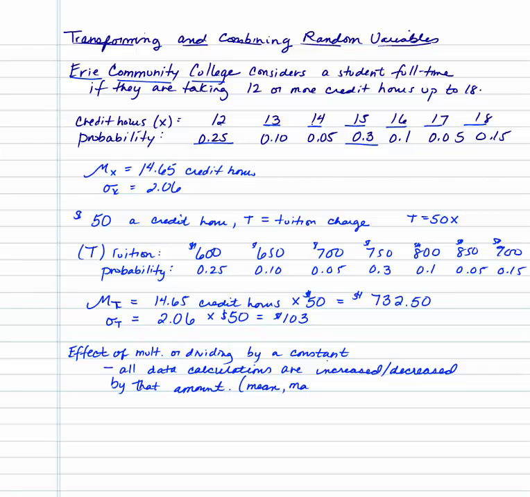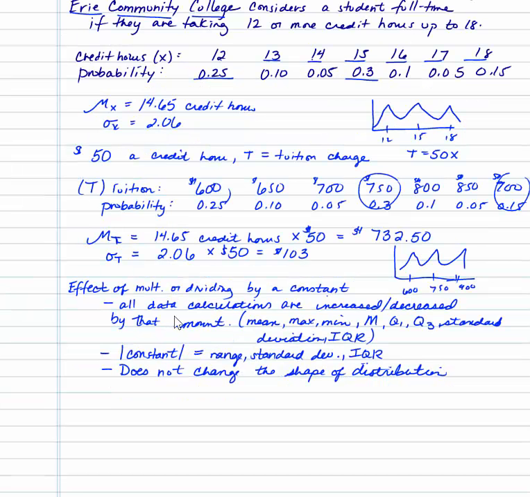The max, the min we had written before. The median, quartile 1, quartile 3, standard deviation, interquartile range. Keep in mind that the range, the standard deviation, and the interquartile range are all positive values.